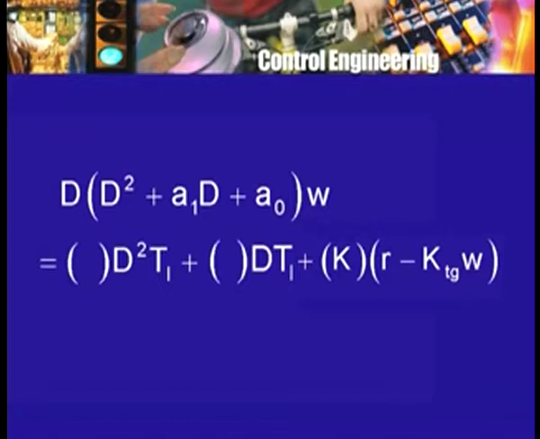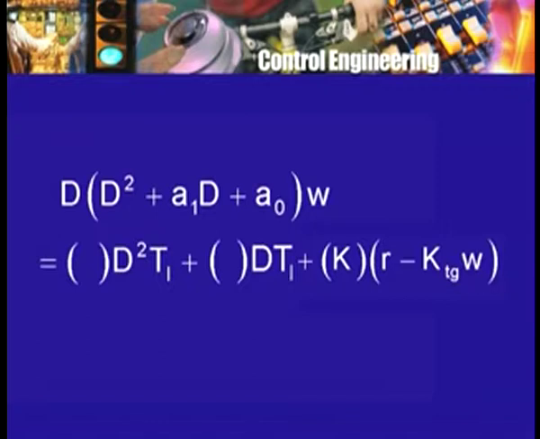Now, of course, there will be a D square TL term, there will be a DTL term, and this DEA term; therefore, the coefficient multiplying DEA, substitute the expression for DEA. So, k into R minus k tacho generator omega. So, this is going to be the new expression. Now, again omega term appears on the right hand side.